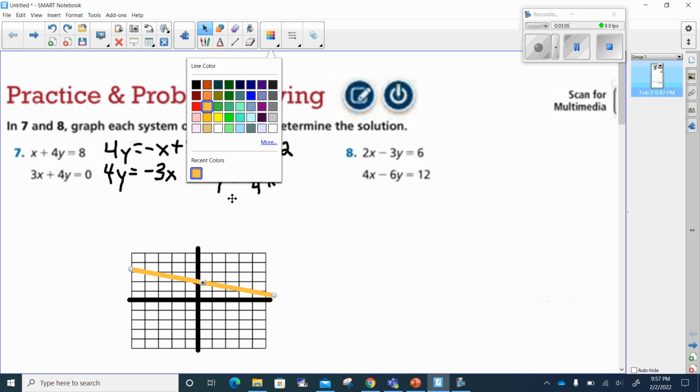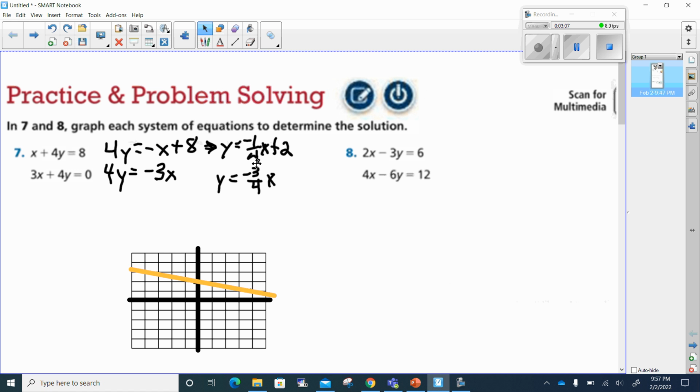Let's color it this color here. All right, and now we're going to go to this one, which is negative 3/4, and going through 0. Remember, if there's nothing here, it goes through my origin, right? So I'm going to put this one in blue. If I put a dot here, I said negative 3 and 4.